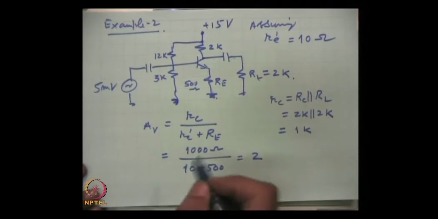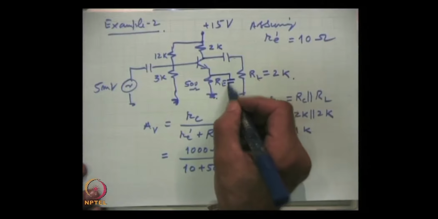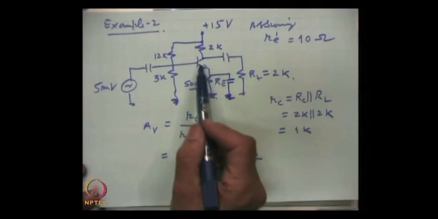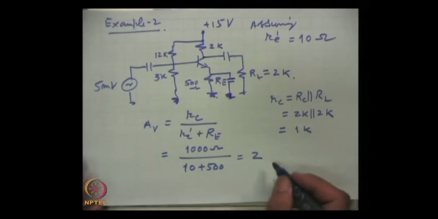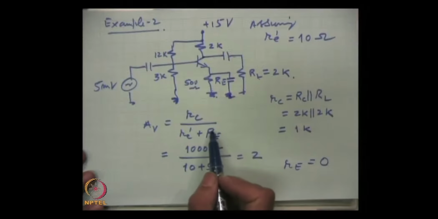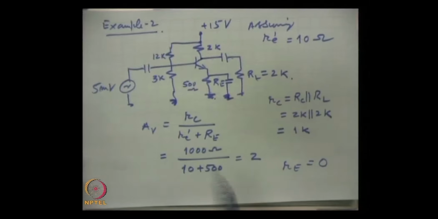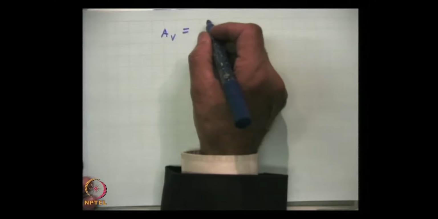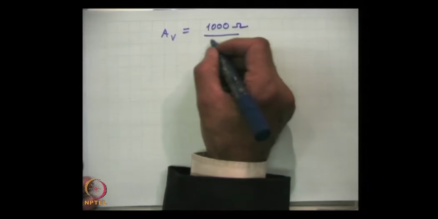And if we make this bypassed, then AC will pass through it, and effective AC resistance, that is RE, this becomes 0. So, in this expression this RE will be 0 here, and we are left with the voltage gain in this case simply 1000 ohms divided by 10.